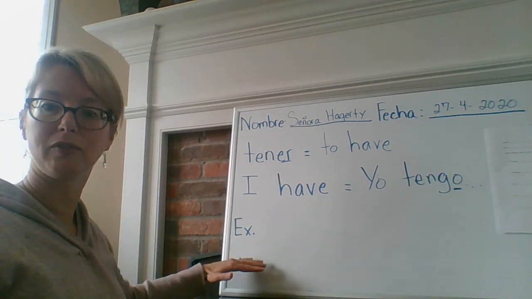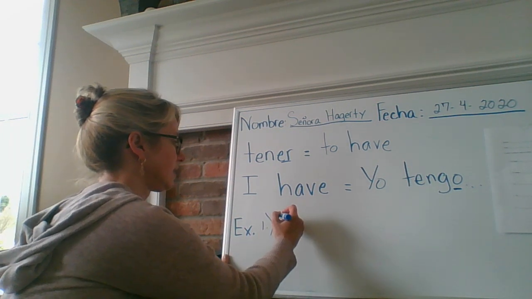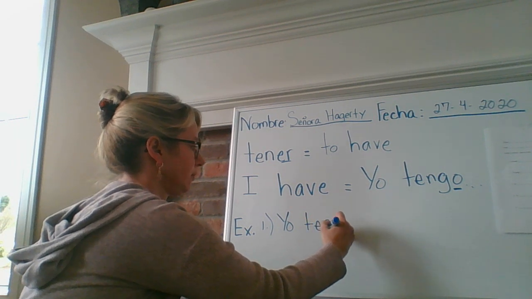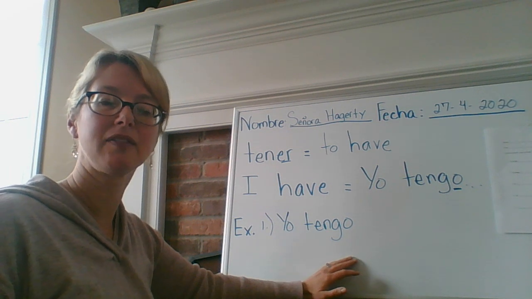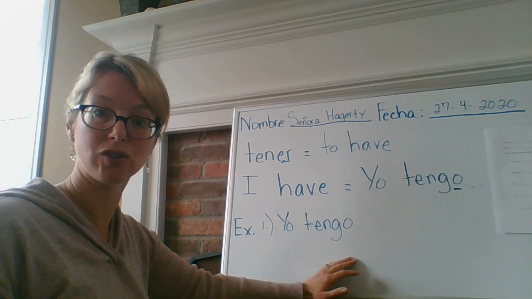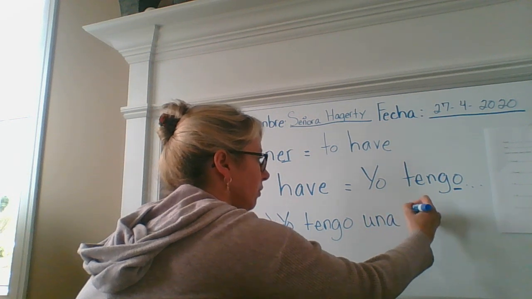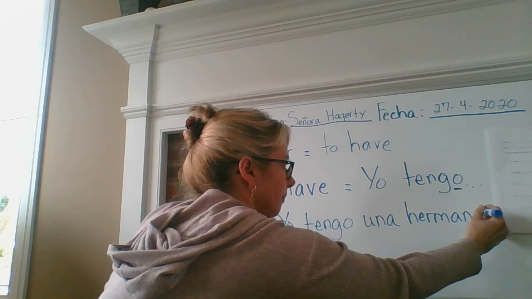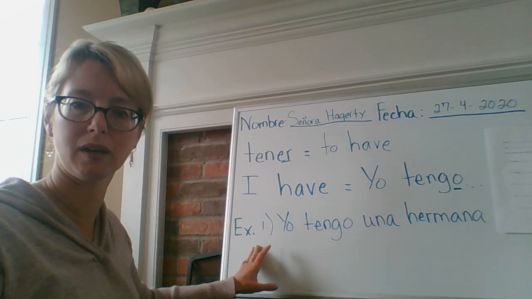My example for my first sentence is going to be yo tengo, which means I have. If I want to say I have a sister, I would write yo tengo una hermana. And that would be one sentence done.